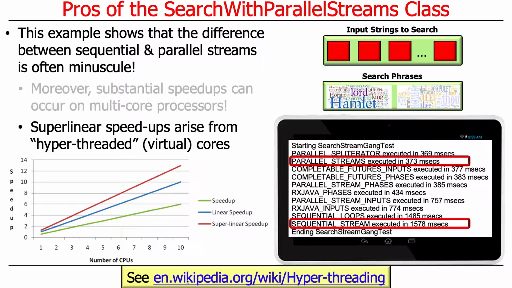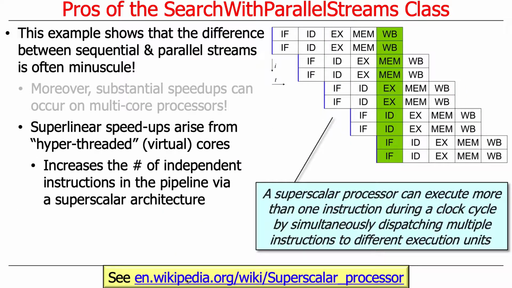Hyper-threading basically means that they use what are called superscalar processing pipelines internal to the processor cores. They try to get more than one instruction executing during a clock cycle by simultaneously dispatching multiple instructions to different execution units. So they have multiple execution units, and they try to pipeline these things together.